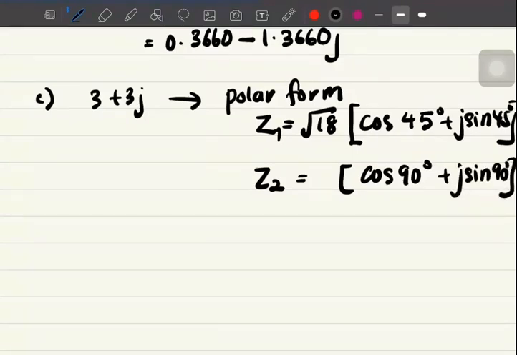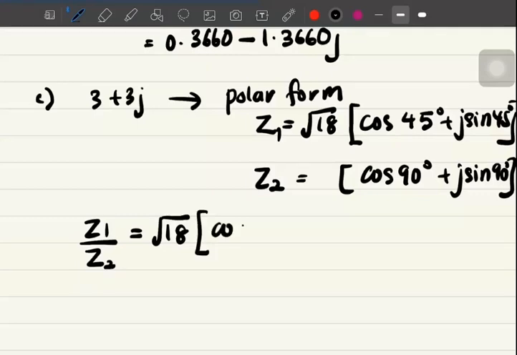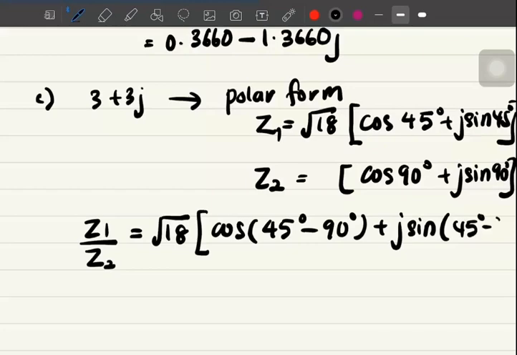Okay, where your R is equals to 1. Okay, so now you can find your Z1 over Z2. So this one is equals to square root of 18 cos, so 45 minus 90 plus J sin 45 minus 90 degrees. So, what is your answer?